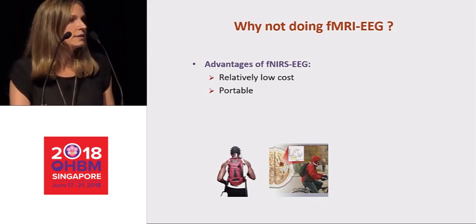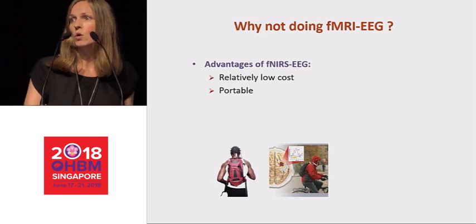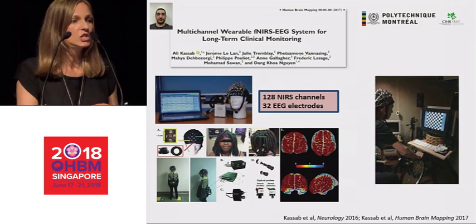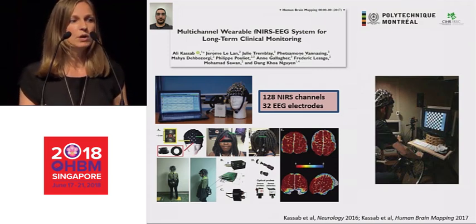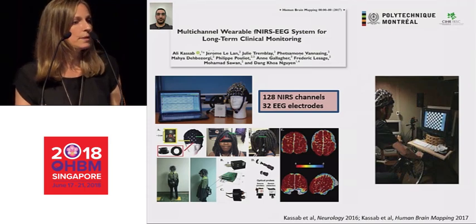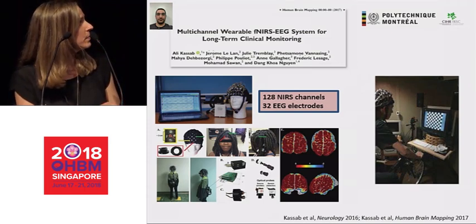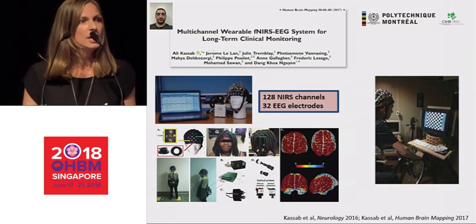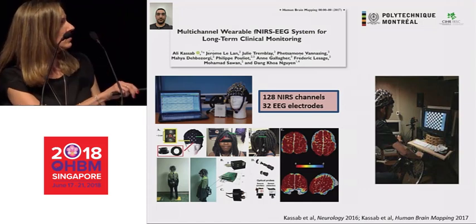Because of that, several labs have developed their own devices to answer their questions. In collaboration with Mohamed Sawan and Frédéric Lesage at Polytechnique Montreal, they developed an fNIRS-EEG device using 128 NIRS channels and 32 EEG electrodes. It's quite small, it's right here.